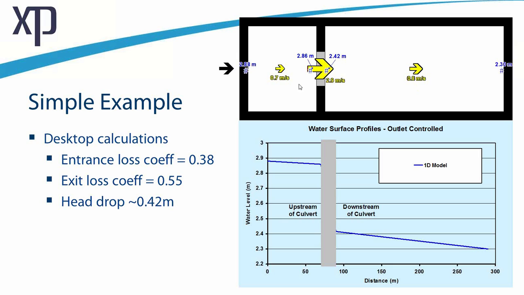And if you do some desktop calculations, using theory and empirical formulas, you generally end up with an entrance loss coefficient of around 0.38 and an exit loss coefficient of around 0.55 for this setup, with a head drop of a bit over 0.4 of a meter. And the profile you get from a 1D model is something you can see there in the bottom right of the screen.